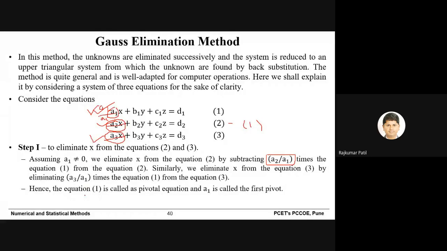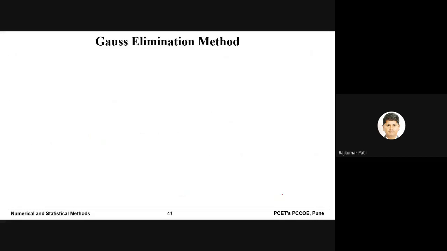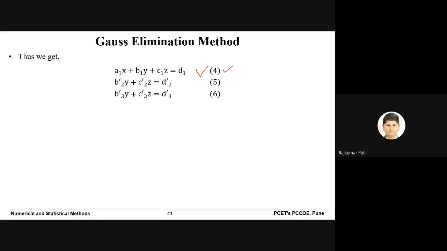And therefore, equation 1 is called the pivotal equation and a1 is called the first pivoting point or first pivot. Then after doing that, as we did operations on equation number 2 and 3, equation 1 will not change. But for the sake of understanding, we write this as equation number 4.